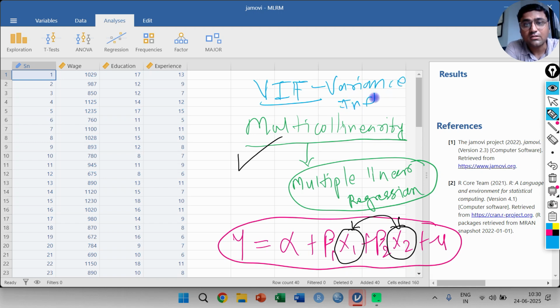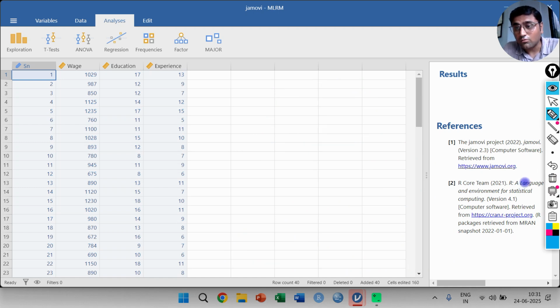So let's understand what is variance inflation factor and which value indicates multicollinearity. So we need to understand the meaning of VIF. So what is VIF?